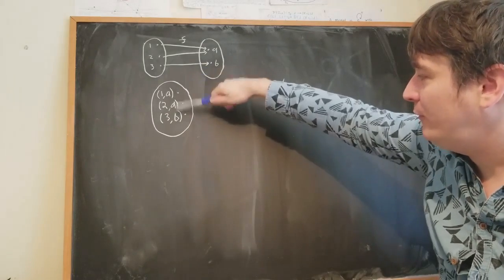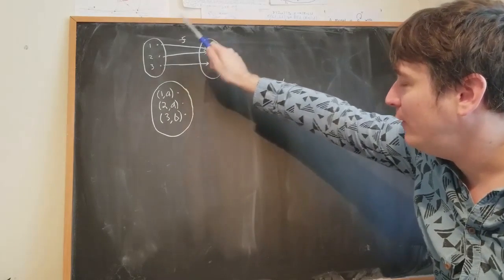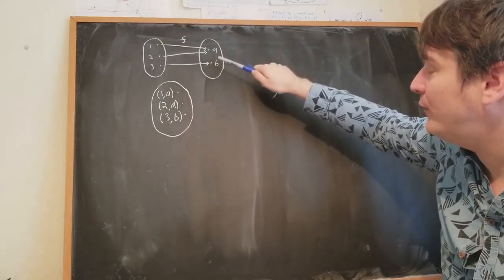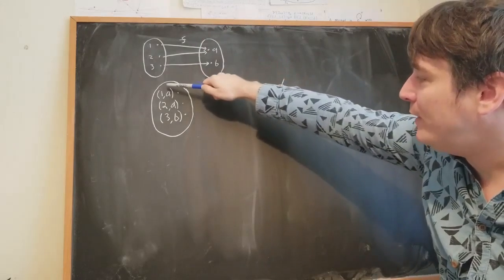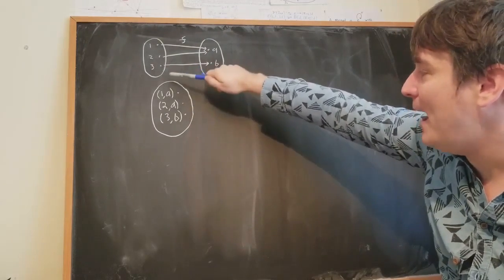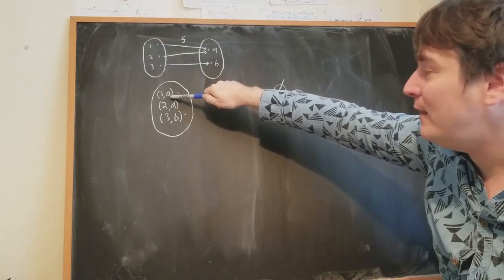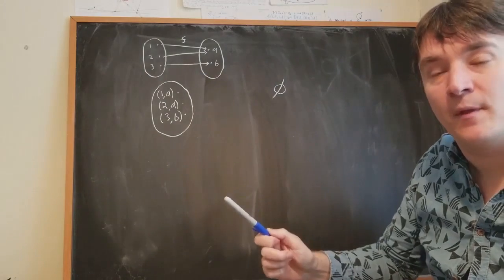The first entry in the pair comes from the source set, and the second entry comes from the target set. Every element of the source set appears in exactly one pair, paired with the thing that it gets sent to under the function.